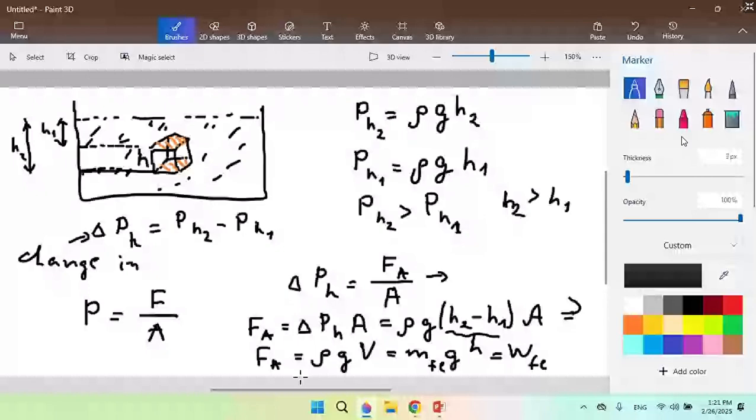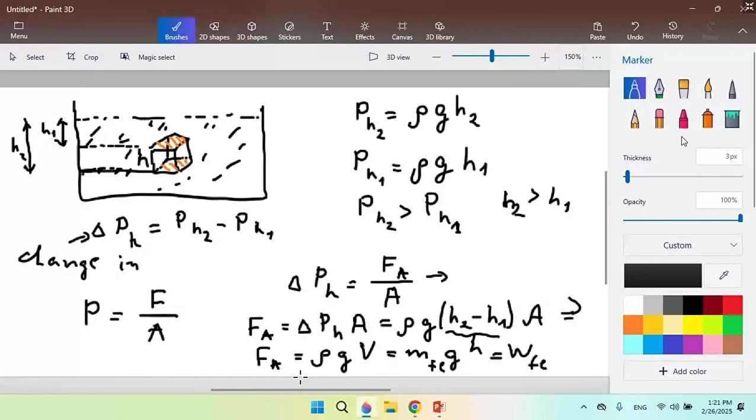So thus, we can define in this way the buoyancy phenomenon, also Archimedes force or buoyant force. What is buoyant force? Buoyant force is equal to the weight of the fluid being displaced by the submerged object. So, weight of the fluid displaced.